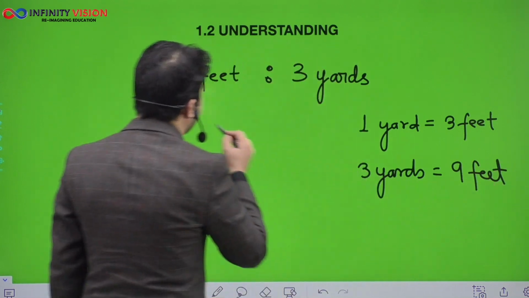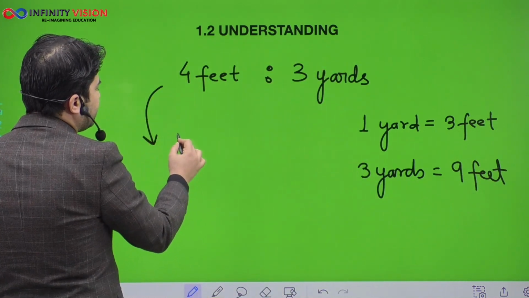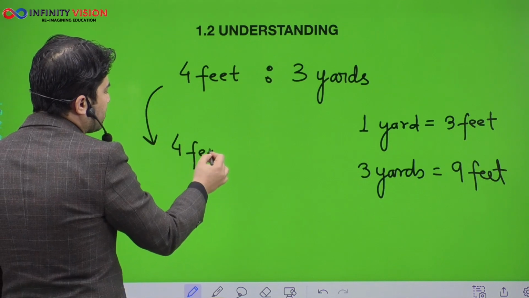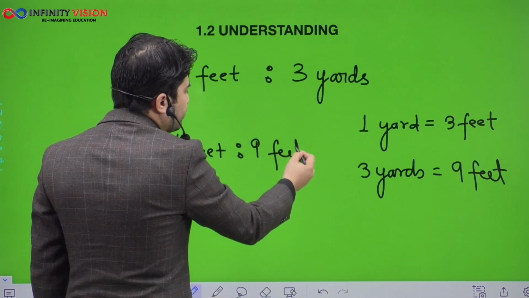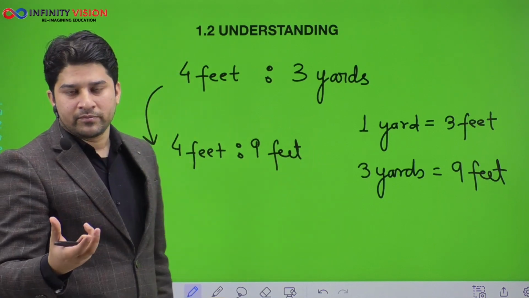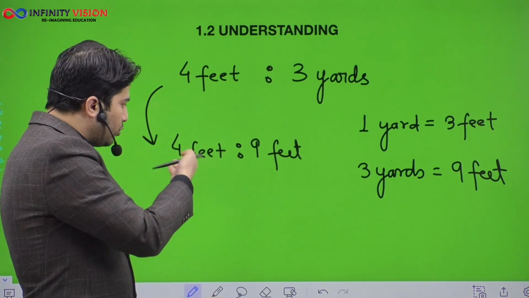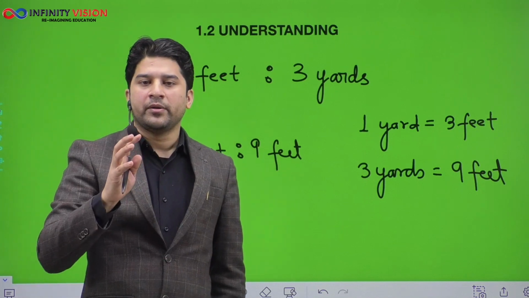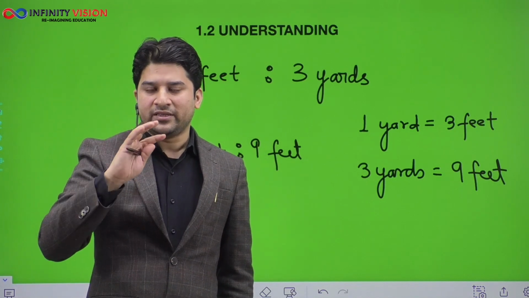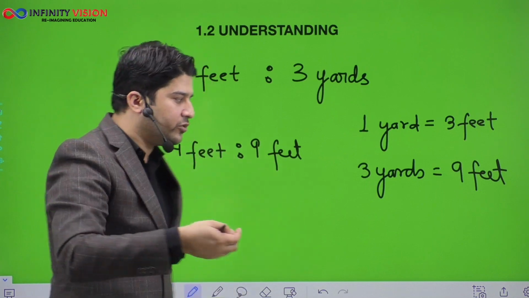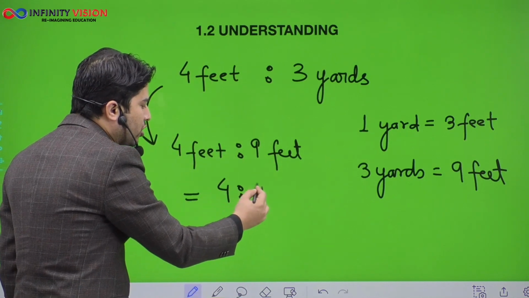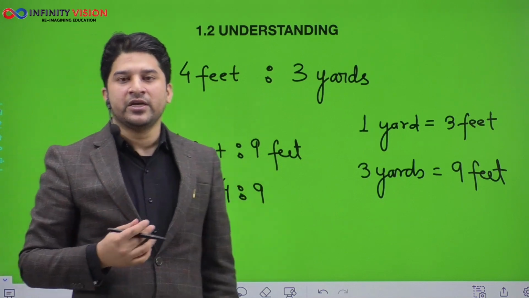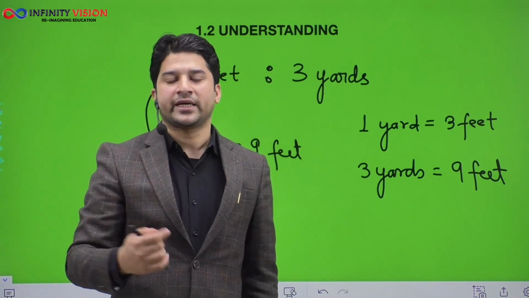So this ratio will actually be 4 feet is to 9 feet. Now it is more sensible to tell what part length A is of length B, and you can simply find it by dividing, which you can say 4 is to 9, or you can say the first length is 4/9 of the second length.